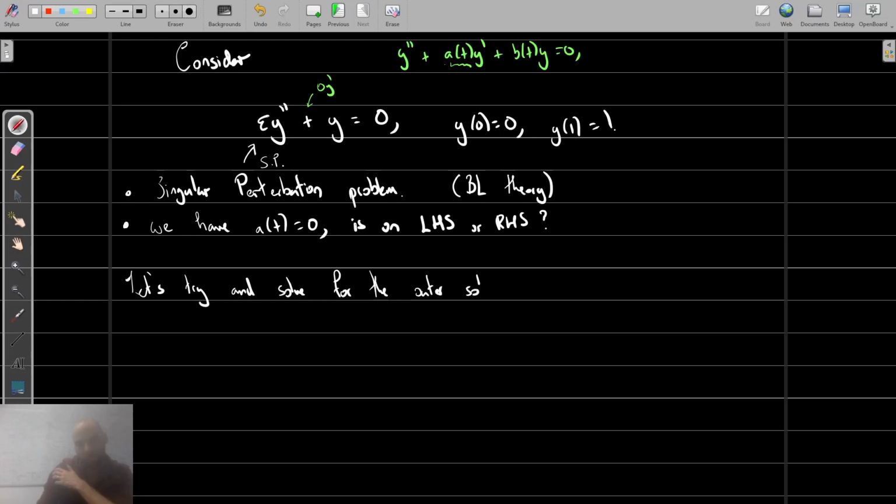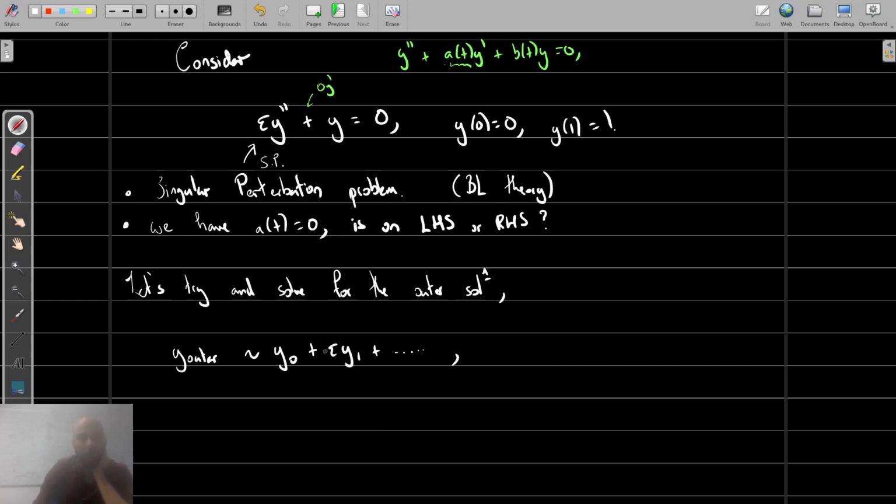Okay, that seems perfectly legitimate. The way we do that is a regular perturbation series. So I'm going to say y outer twiddles y0 plus epsilon y1.